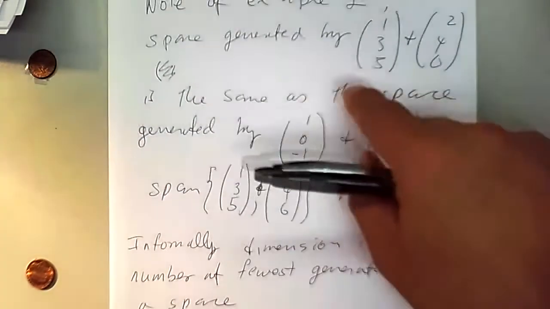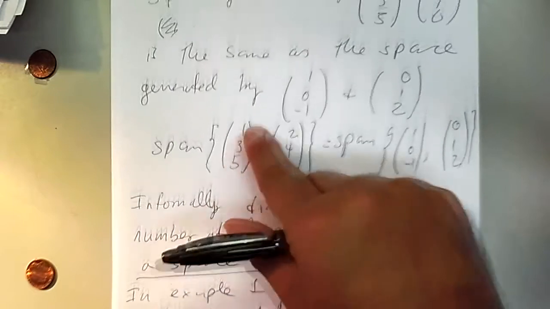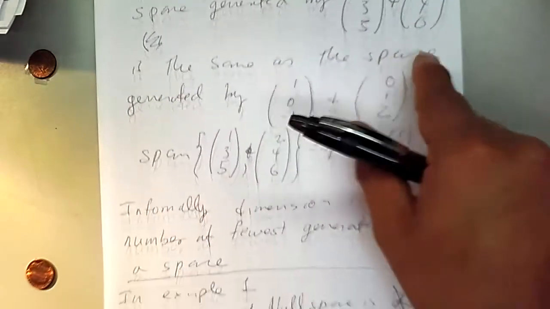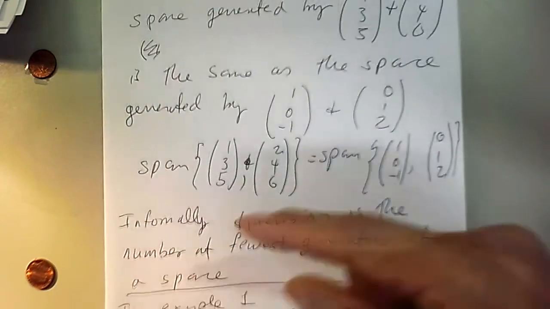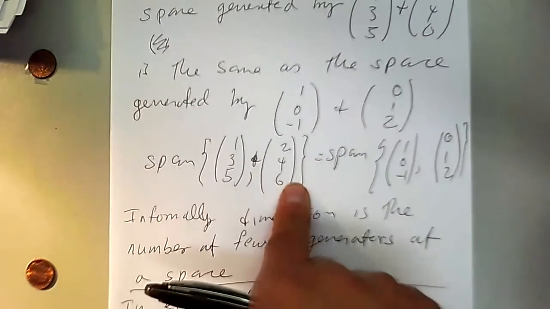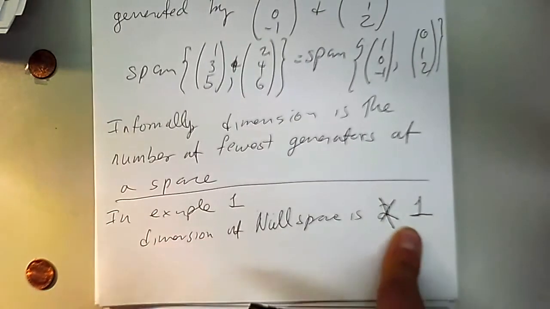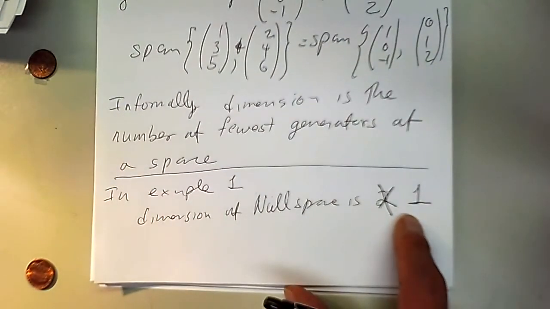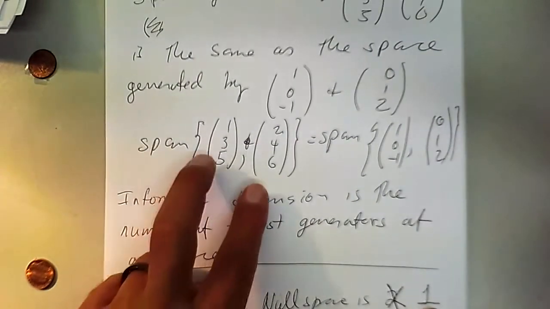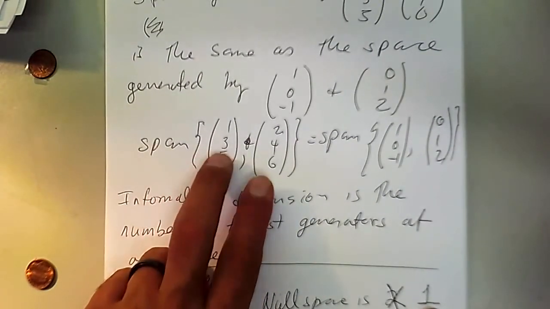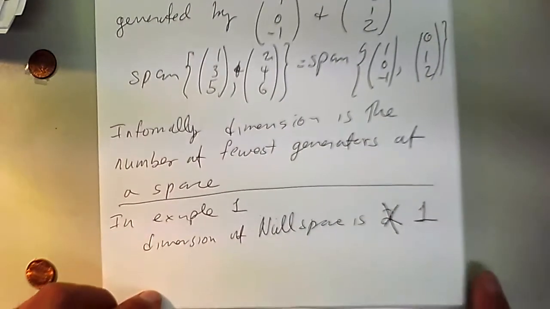I was confusing that with the span of the row vectors. But there's a relationship, because that is 2 and that is 1. So this is dimension 2 and this is dimension 1. And it always is the case that the dimension of the null space and the dimension of the span of the rows add up to the total number of columns.